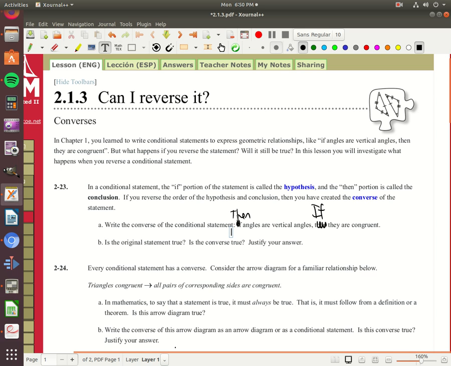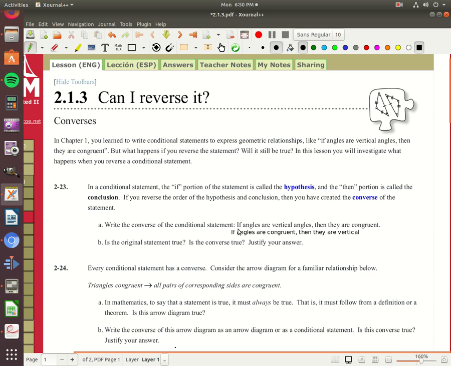You wouldn't say if they are congruent, but maybe if angles are congruent, then they are vertical. That would be the converse statement. We switch the if and the then of that original statement.